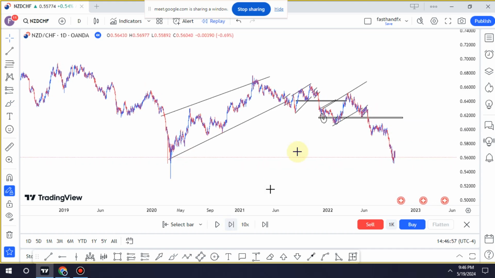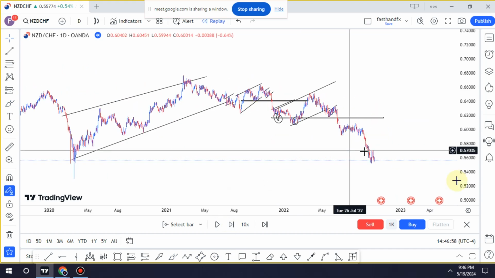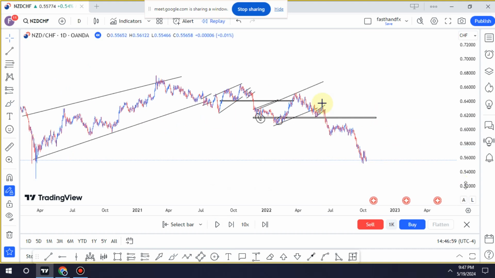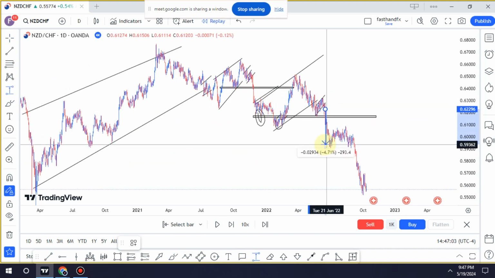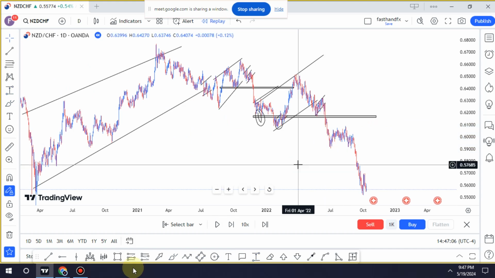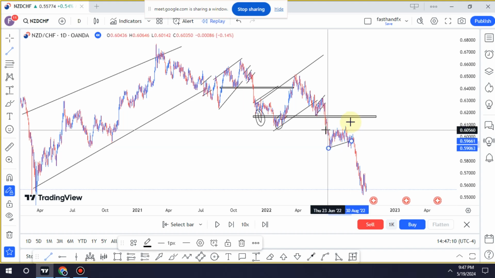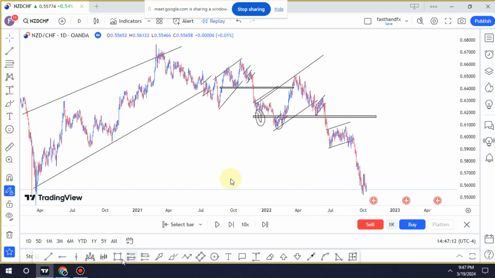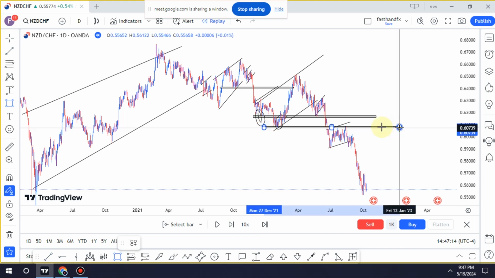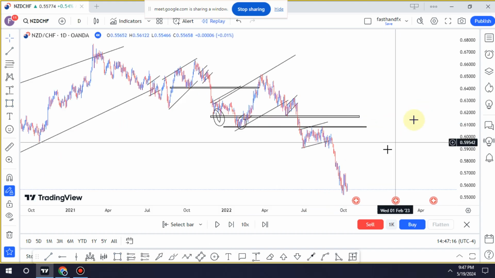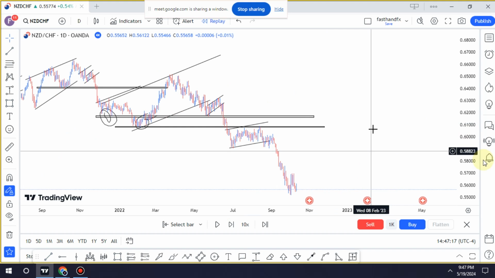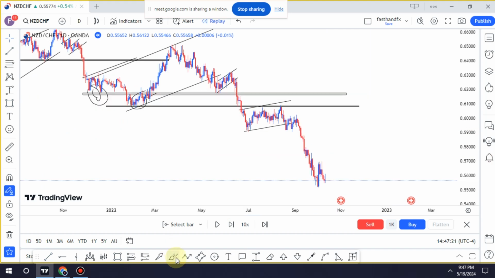Okay, it went all the way down, no problem. That was over 200 pips. Even though I see we had another continuation pattern, no problem. Retesting this level, no problem though. But you kind of see, guys, the same thing that I'm just talking about.